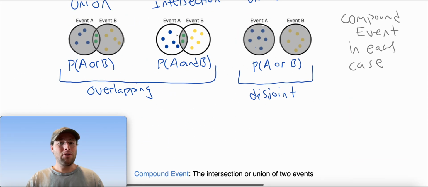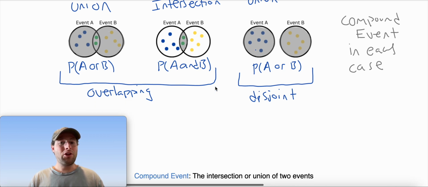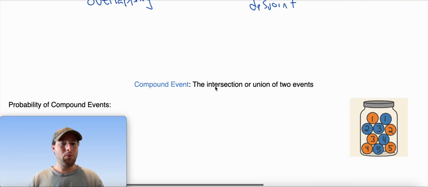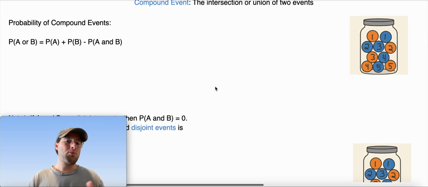Like in the middle case, where the shaded region is a compound event looking at the intersection of A and B, and we use that to calculate the probability of A and B. So technically, finding the probability of A and B is also a probability of a compound event. It is just not typically taught in that way. Typically, when we hear probability of compound events, we think probability of A or B.